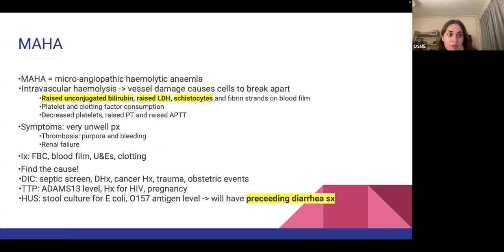So the last thing to remember is that there's microangiopathic hemolytic anemias, and this is a type of intravascular hemolysis that happens effectively in the context of infection or platelet dysfunction.